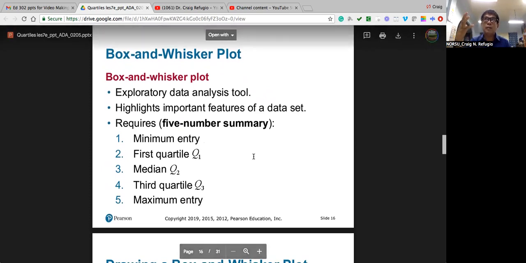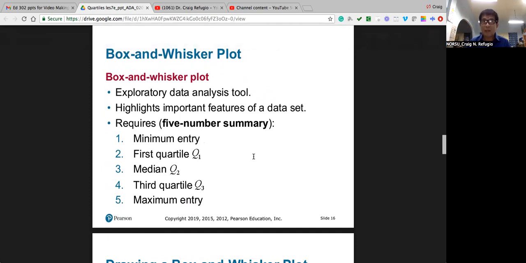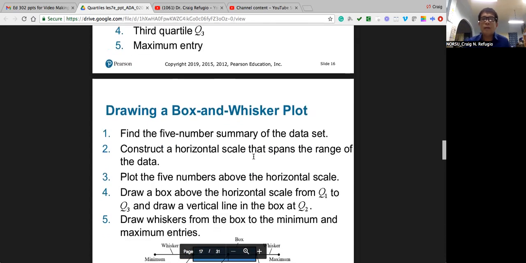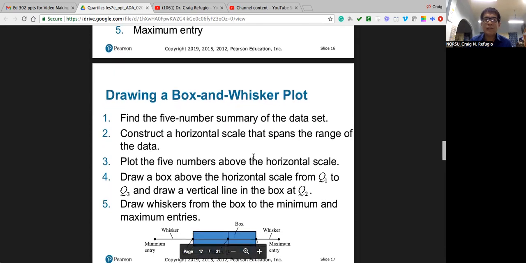You need to look at the minimum and the maximum. You need to find the value of quartile number 1 or Q1, the value of quartile number 2 or the median, and quartile number 3 or Q3. So, drawing a box and whisker plot: find the five-number summary of the data set.